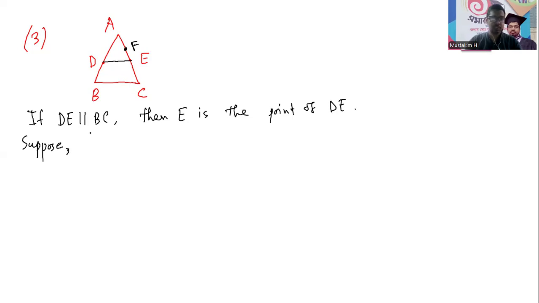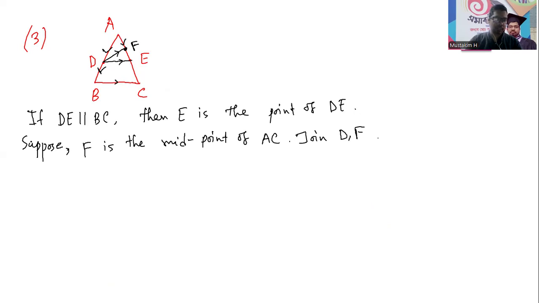This is a hypothesis that suppose F is the midpoint of AC, not E. So now we can write, join D comma F.